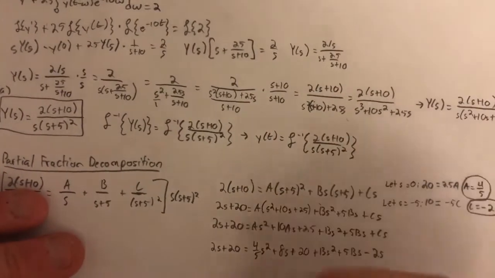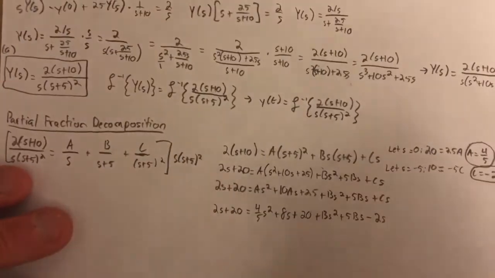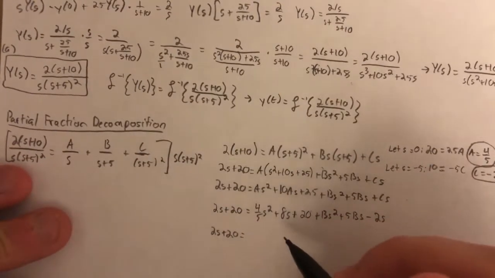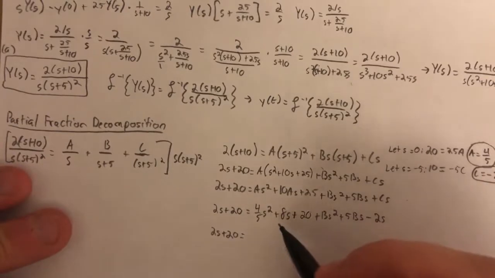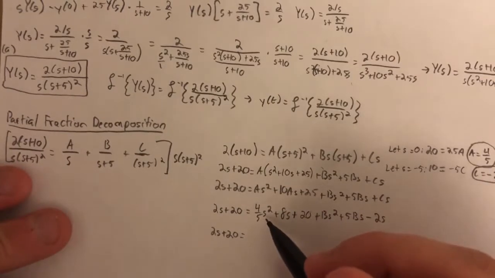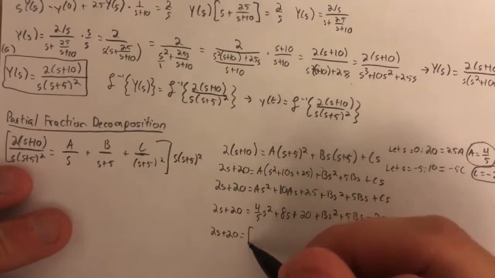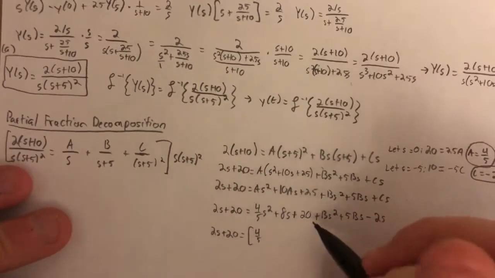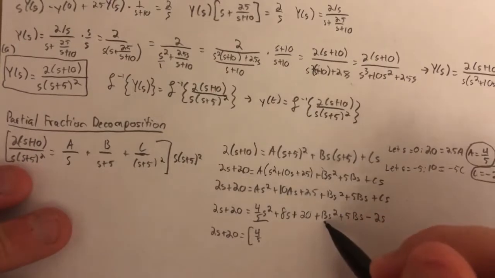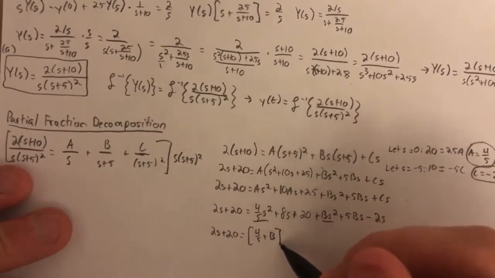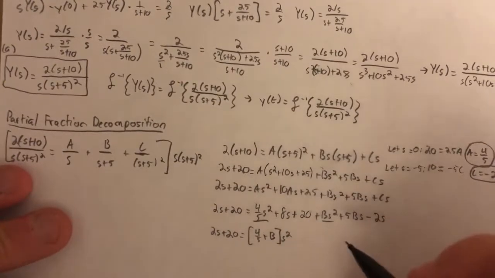Combine the like terms. We get 2s plus 20 equals, and let's just combine the coefficients for each of the variables. For s squared we have 4/5 plus b, times s squared.